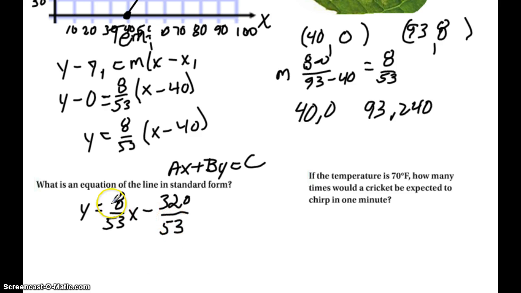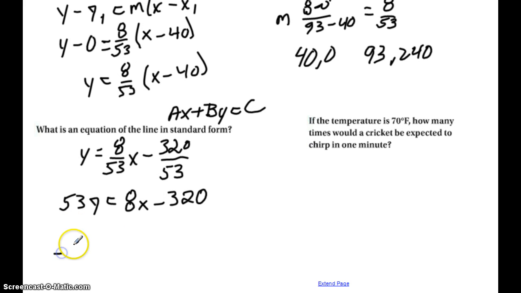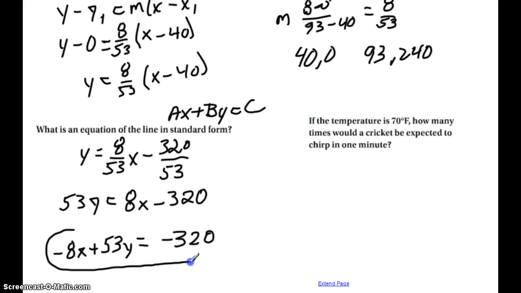Now it seems if we multiply everything by 53, we'll get rid of these fractions. And it seems if I subtract 8 from both sides, I will have a standard form. And there's our standard form of the equation.